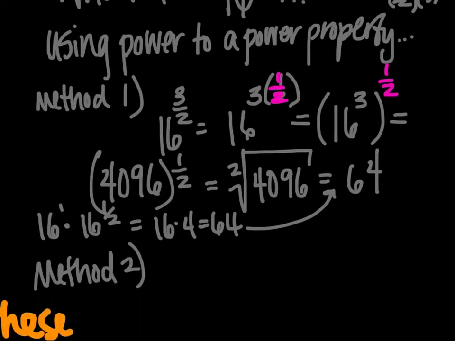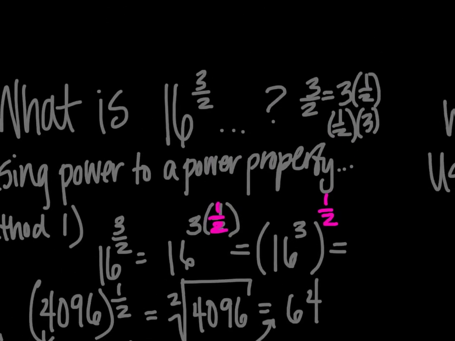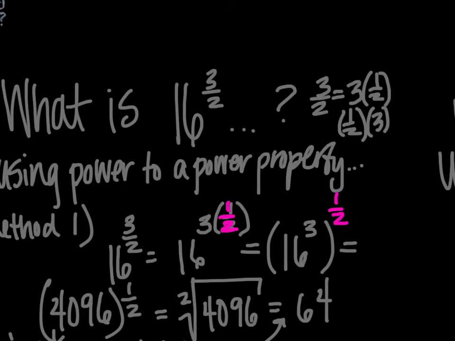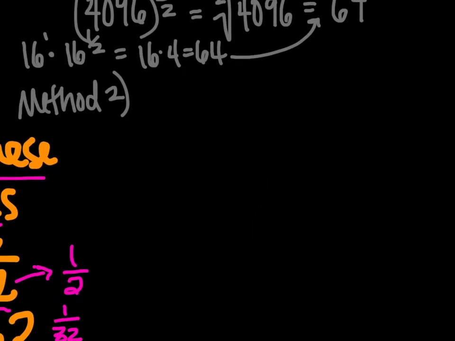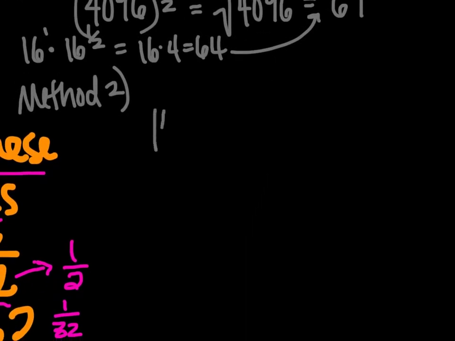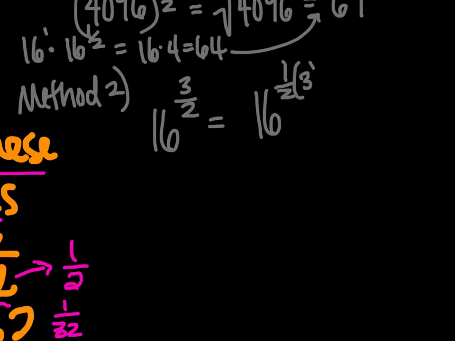Let's now think of this using this other method. So if we just use this top one, now we're going to use this bottom one. So now we have 16 raised to the 3/2, and we're going to rewrite this as 16 raised to the 1/2 times 3.